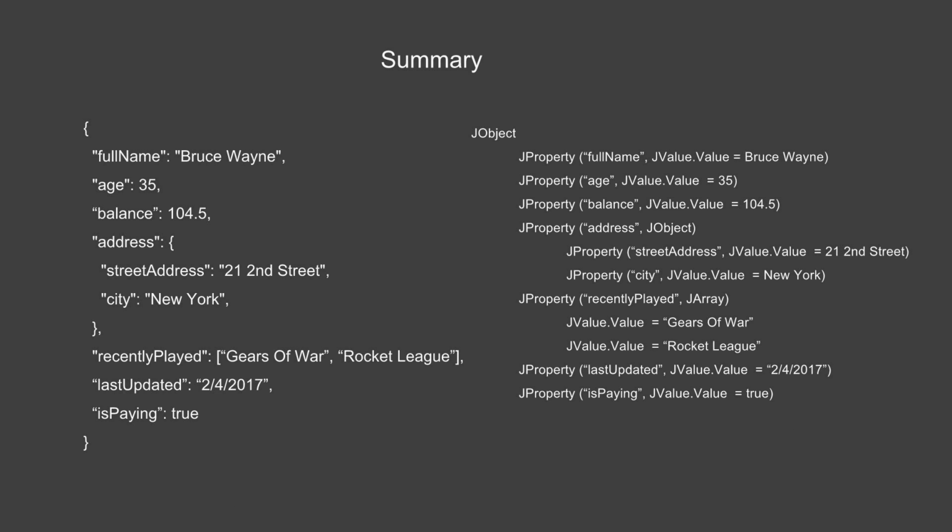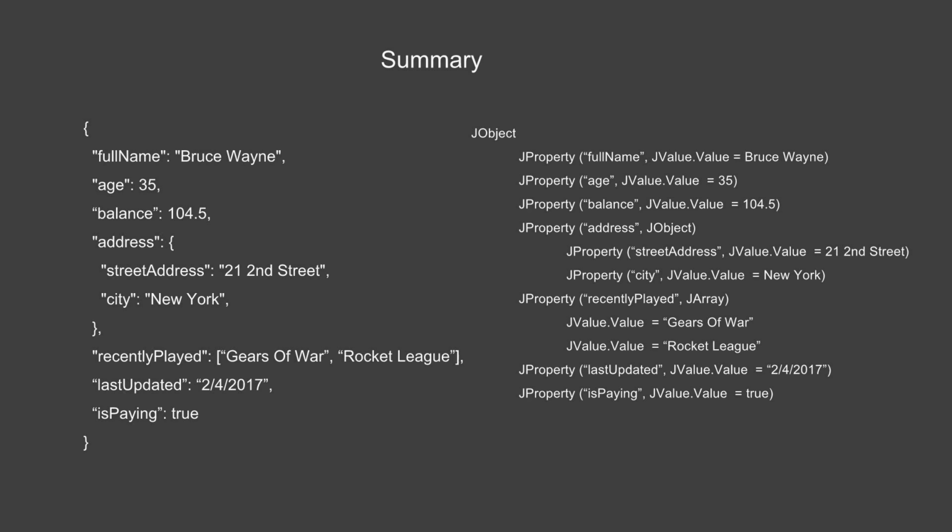On the left is the sample JSON again for reference. We have learned about three types of objects that hold other JTokens. The JObject that holds other JTokens in the form of a dictionary, the JArray that holds other JTokens in the form of an ordered list, and JProperty that holds a single JToken.